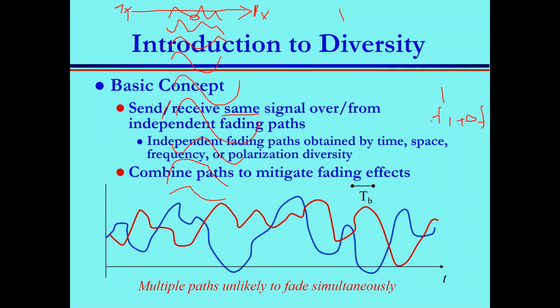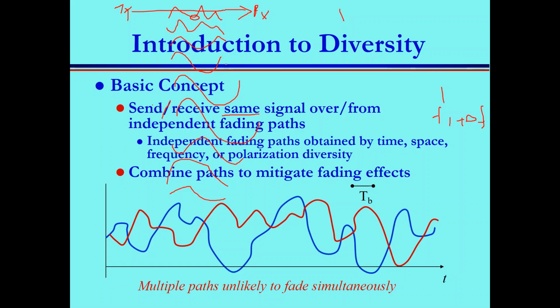We also have angular diversity. Time dispersion, which is frequency selective, which is due to multipath, gives you multipath diversity. While time selective, which is related to Doppler, gives you Doppler diversity. Now these are two examples of receive diversity, but we will study them in more detail.